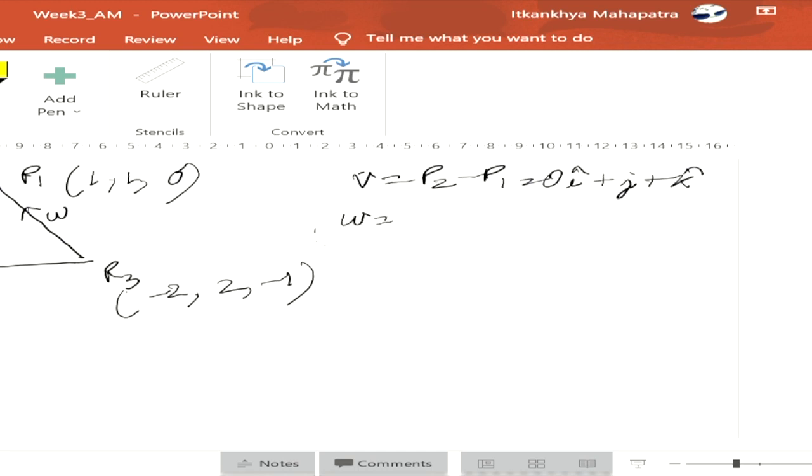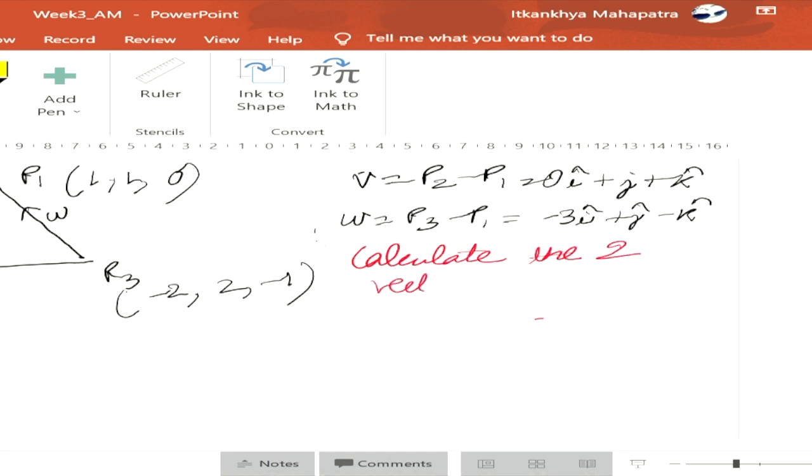W will be P3 minus P1, this will be minus 3 i cap plus j cap minus k cap. Now we need to calculate the two vectors and take the cross product.